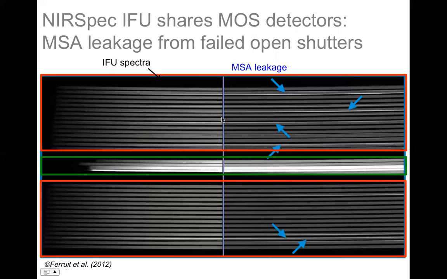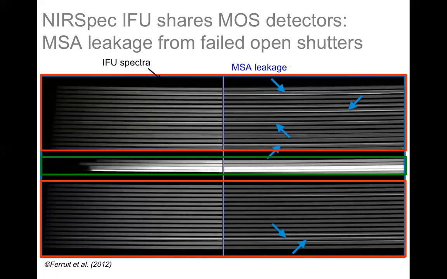And because there are some failed open shutters on the MSA, if you have a very bright background or a very extended target, light will go through those failed open shutters. They will create spectra that will contaminate your IFU spectra. Here is actual data with a lamp during the ground-based test. As you can see, there are very tiny white spectra that are due to the leakage through the MSA. So you will have to calibrate this leakage, especially at low resolution, or if you have a very bright background.